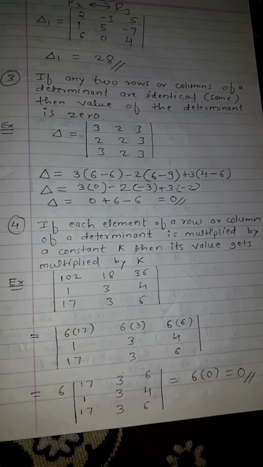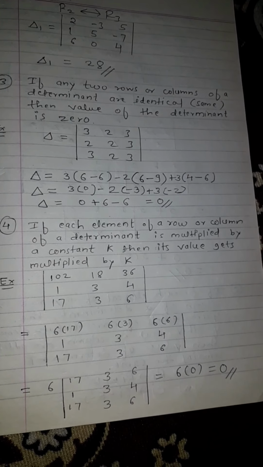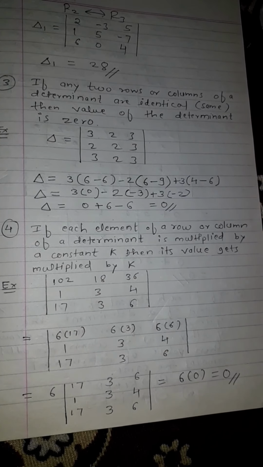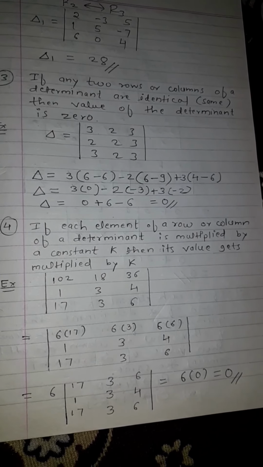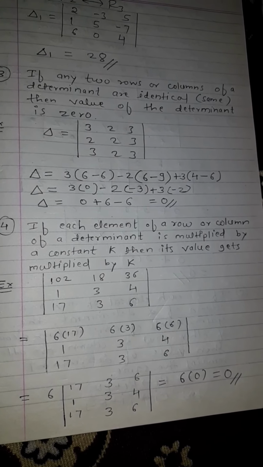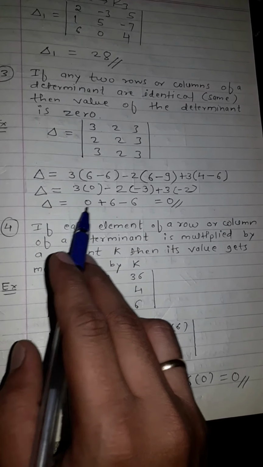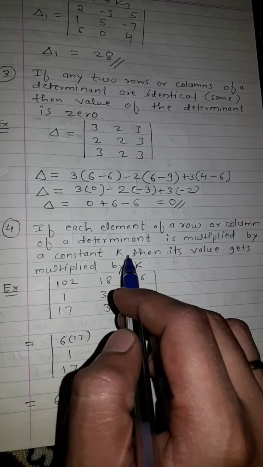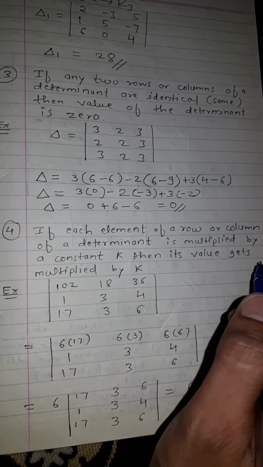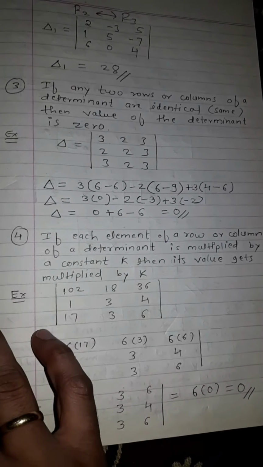Now the fourth property: if each element of a row or column of a determinant is multiplied by a constant k, then its value gets multiplied by k.